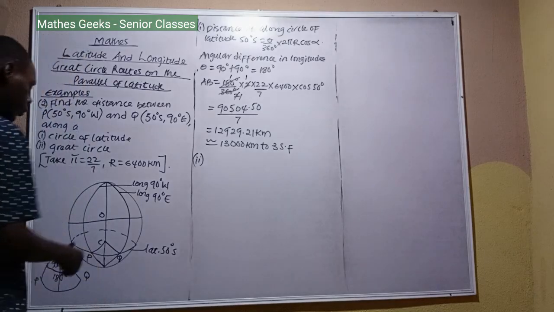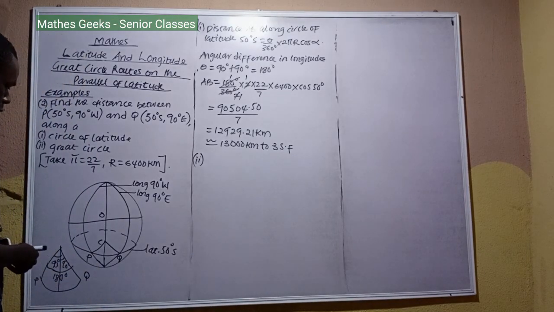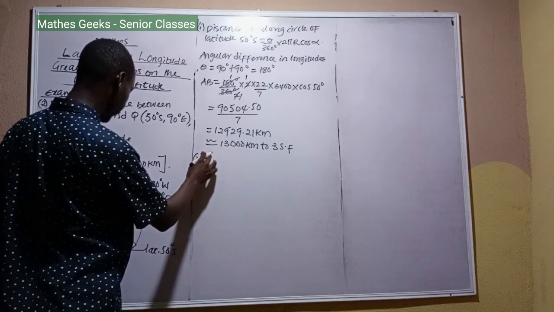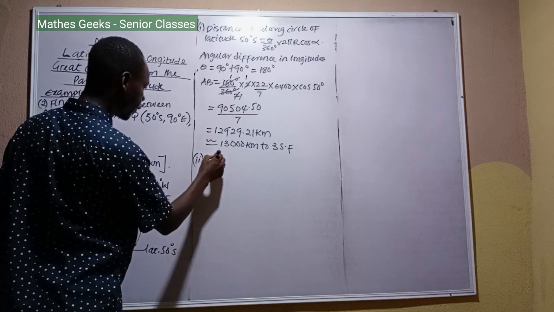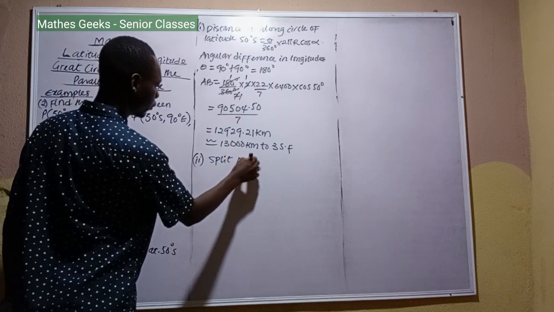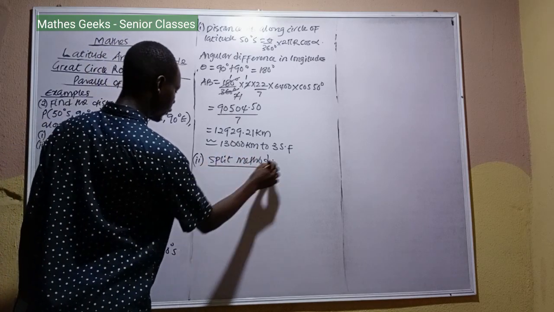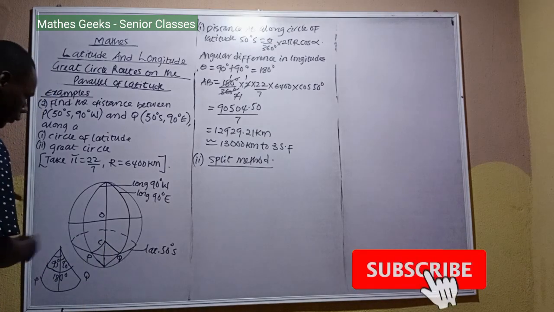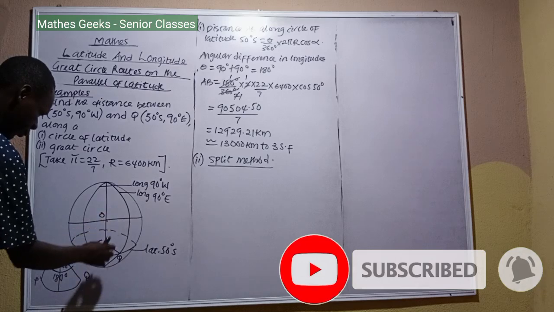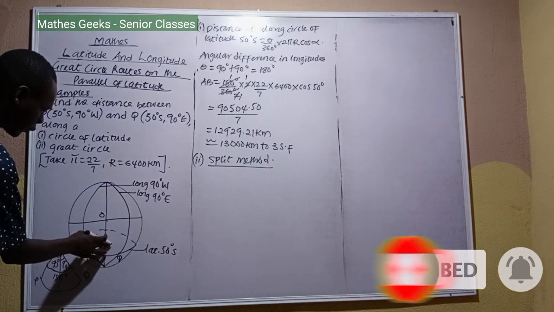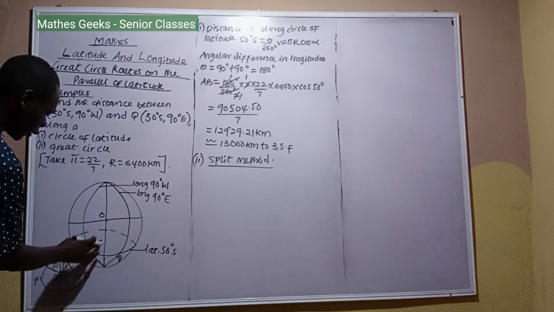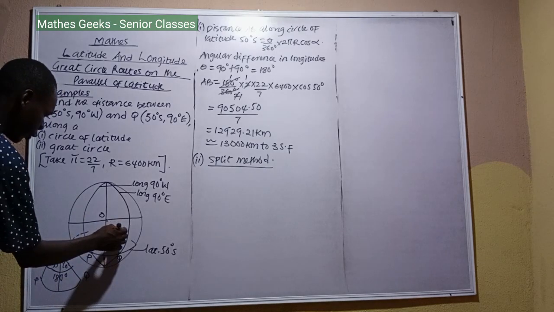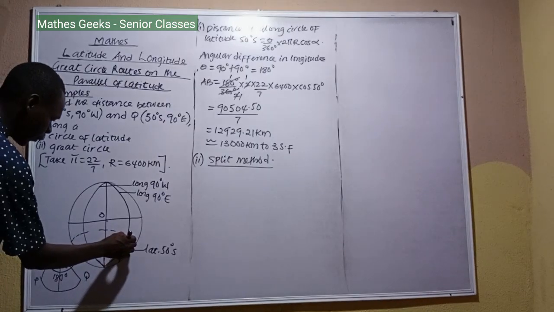Now, for the split method, we're going to have two shapes. Another way to represent this, so that it will be okay for us to sketch the great circle route, is that PQ can be here.